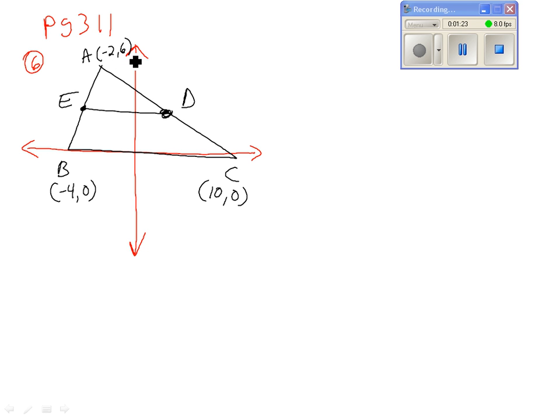They want us to find the coordinates of D and E, which they tell us that triangle ABC has vertices. DE is a mid-segment. We talked about that last class. Mid-segment means that both of these, D and E, are midpoints, and it also means that it's parallel to the bottom side down here.